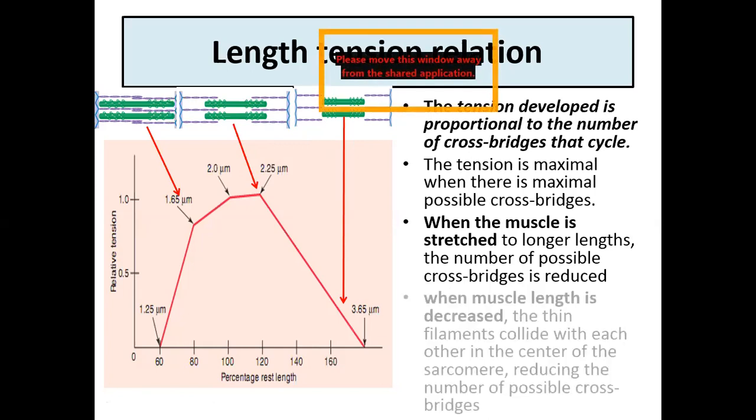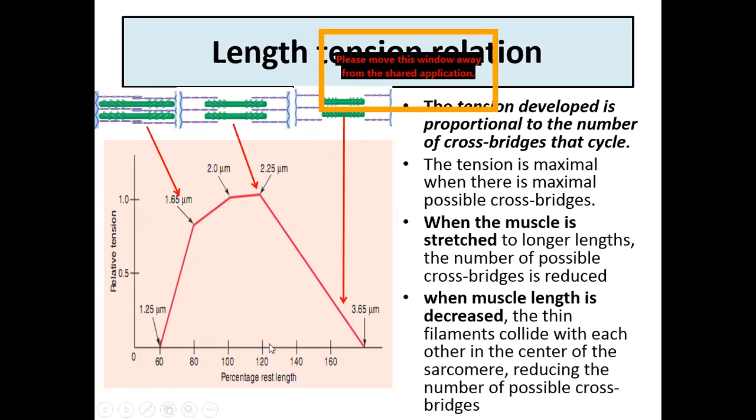Now the same is seen when the muscle length is decreased, from 100 to 80 or 60. The sarcomere length also decreases, from 2 to 1.65 to 1.25 microns. When the sarcomere decreases, the thin filaments collide with each other, coming one upon another. So this will also decrease the number of cross bridges.